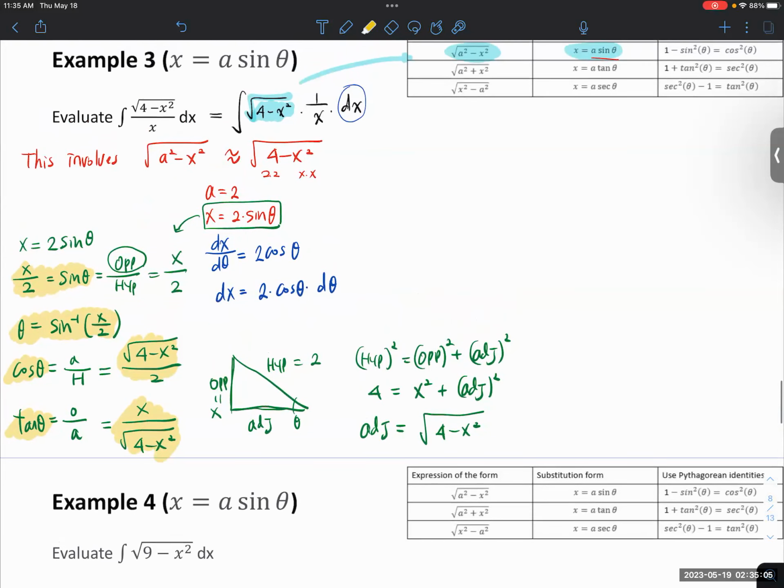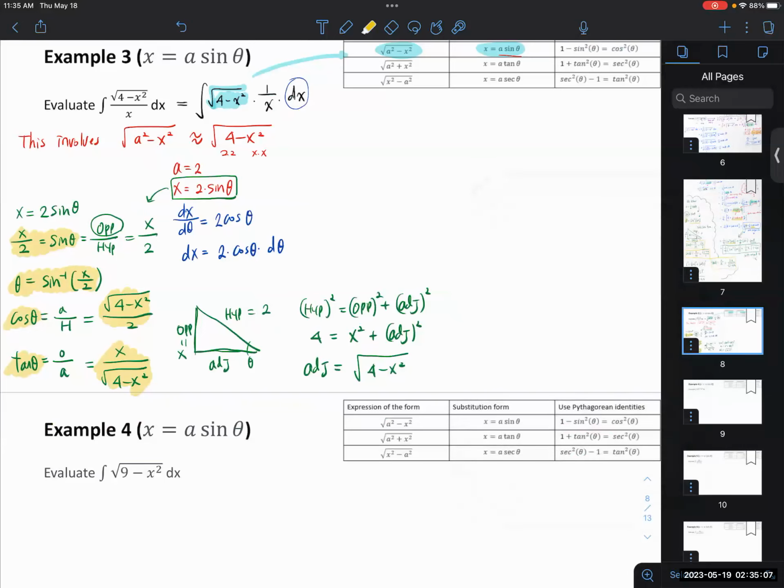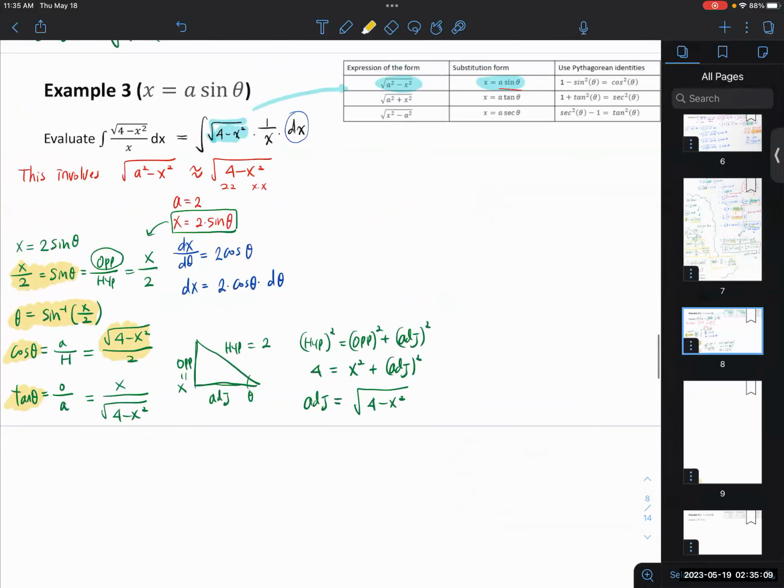And now we're going to solve for the integral. So let's go back to the question. I'm going to keep going here with the same color. So we got the integral. This one has the radical of 4 minus x squared, which is 4 minus 2 times sine theta, squared. And then we know there's a 1 over x, and then there's a dx.